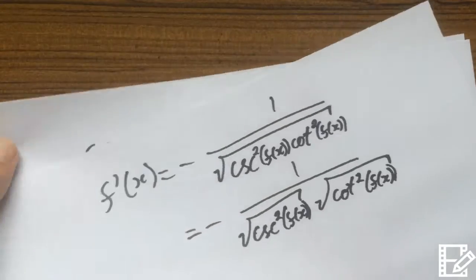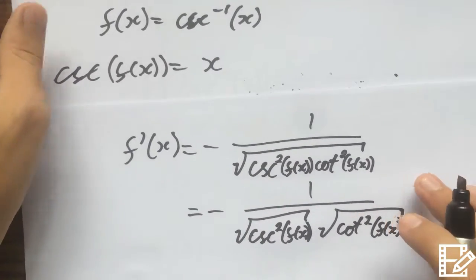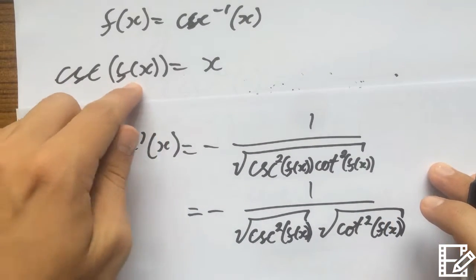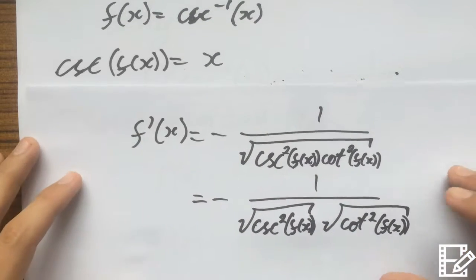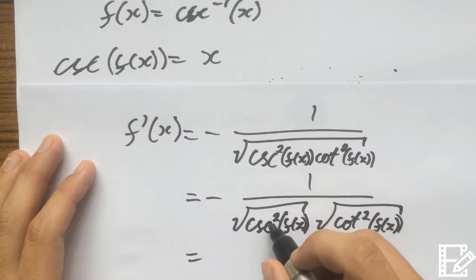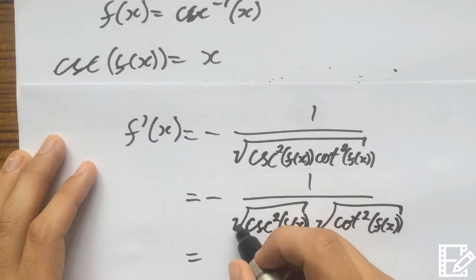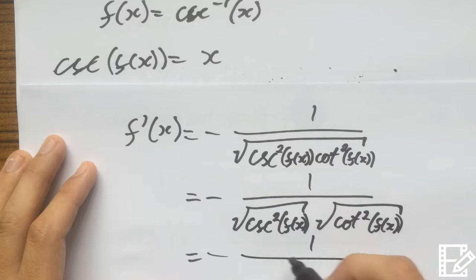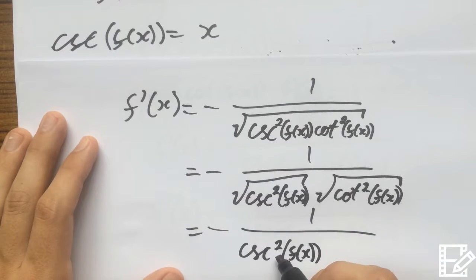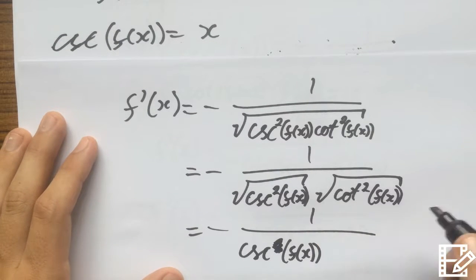Now, my final goal is to try and find cosec fx so I can use x's instead of all this rubbish. So, if we look at this, we've got negative, we've got a square root of cosec squared fx. That is the same as having just a normal cosec, sorry, my bad.